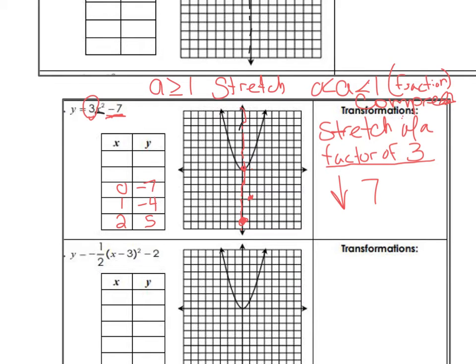And then 2, 5. It's right here. Alright, and it is still symmetrical, so it's the same thing, 1 unit over. So now my graph looks like this. So see how it's skinnier than the original parent function? It stretched it out. Okay.